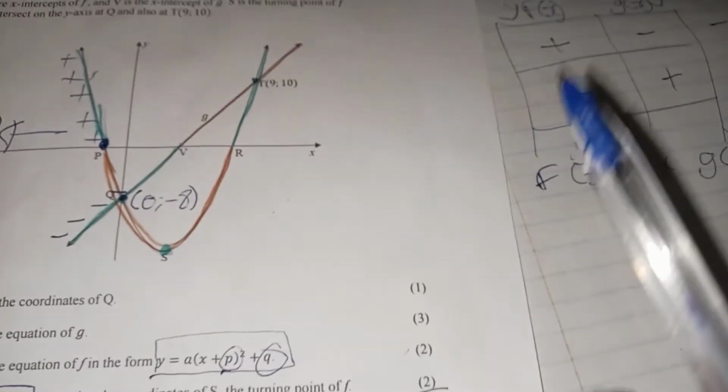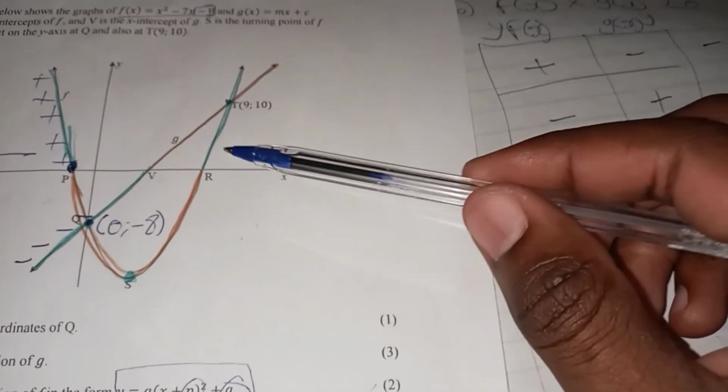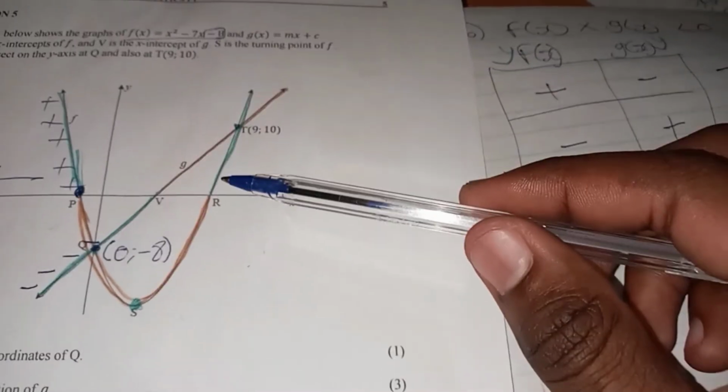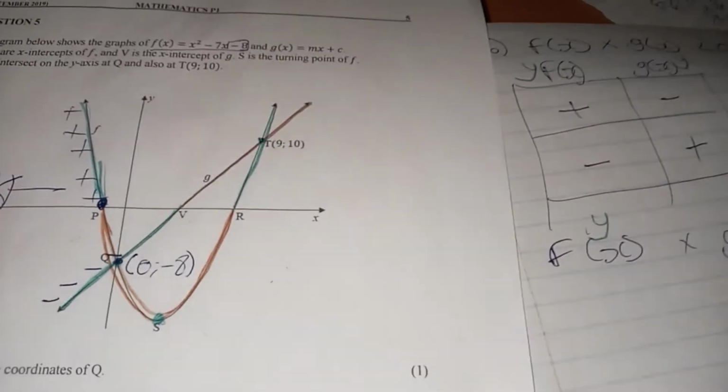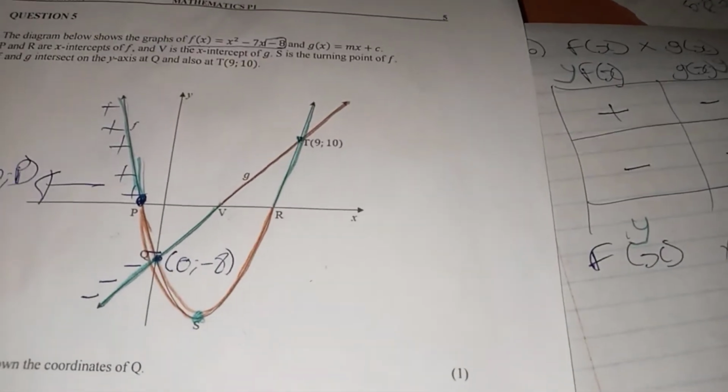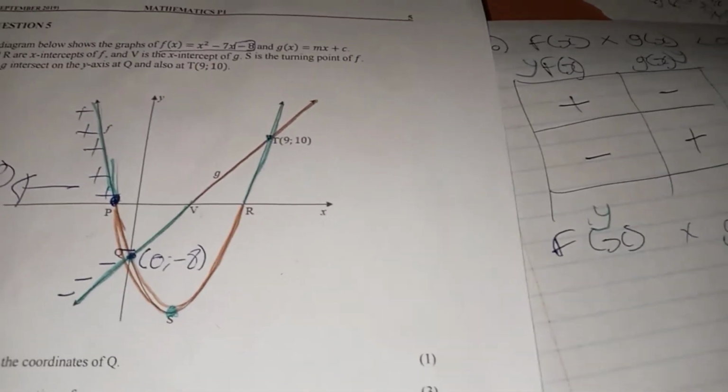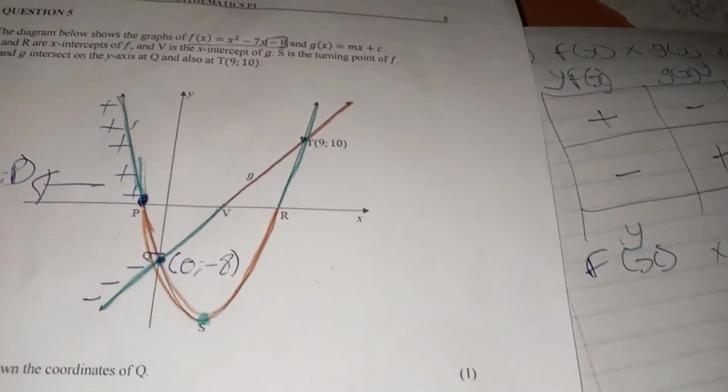Now we are still analyzing. Then is there anywhere else that I can have positive y values of f multiplied by negative y values of g? Unfortunately not. We are done now. So we have satisfied the first condition.